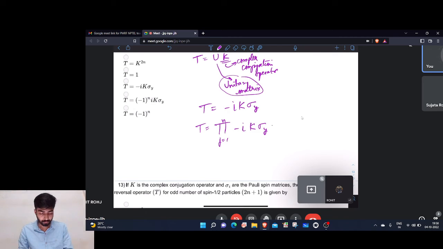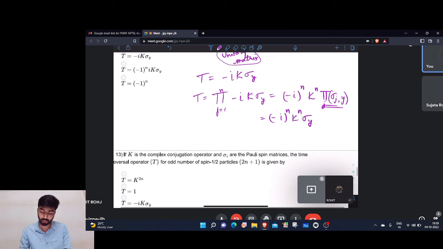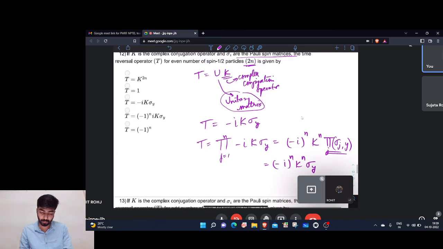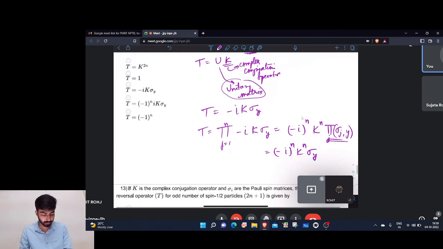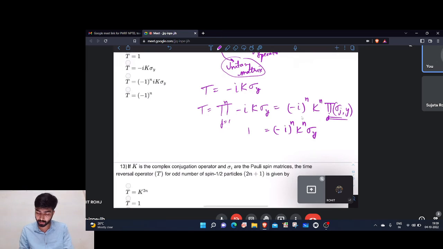Now if one does it, we are left with minus i raised to the power n, K raised to the power n, and the product of all these matrices, the product that runs along all the j's, is a product of all these unitary matrices, nothing but again sigma Y. But in case of an even number of spin half particles, this becomes the T for all the particles.